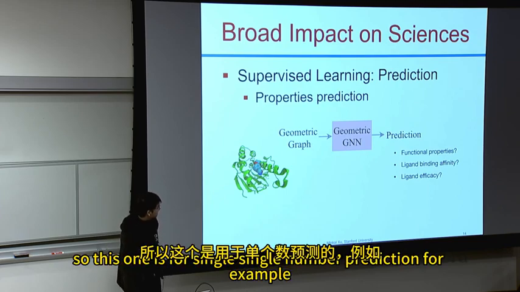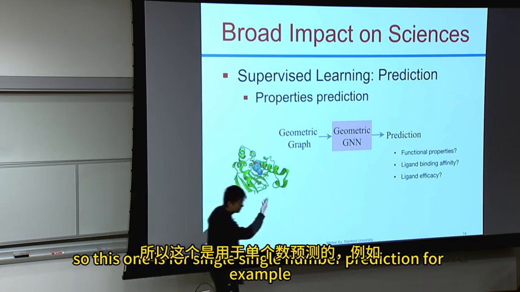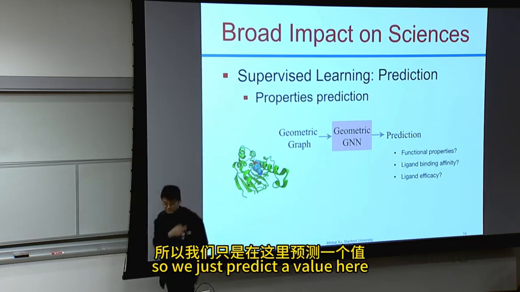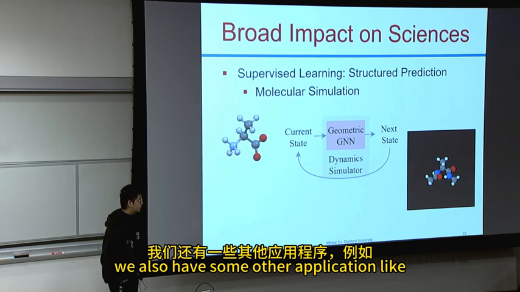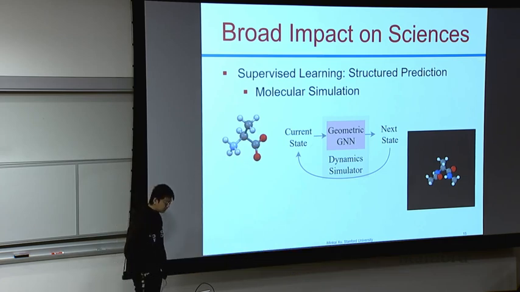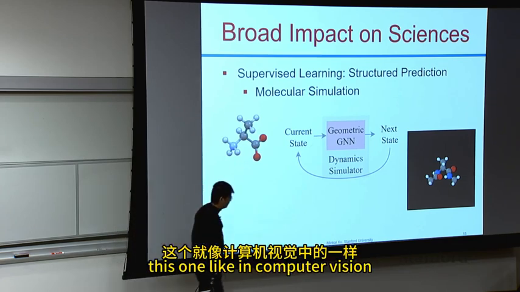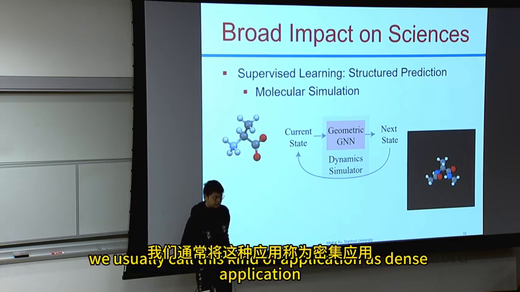Okay, so this one is for single-number prediction, for example, some property, so we just predict a value. Here we also have some other applications. In computer vision, we usually call this kind of application a dense application.